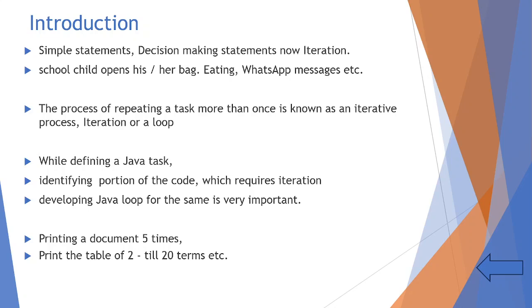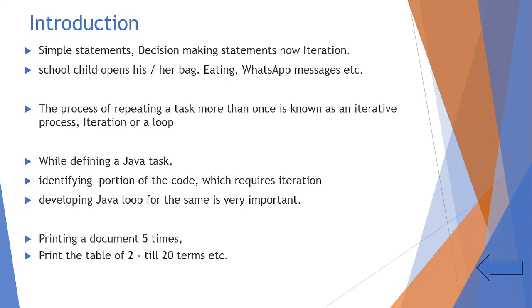Now, while defining a Java task, identifying which portion of the code requires iteration and developing a Java loop is a very important task, because iteration is a powerful programming tool. Once practiced properly, it helps create very good programs with ease.